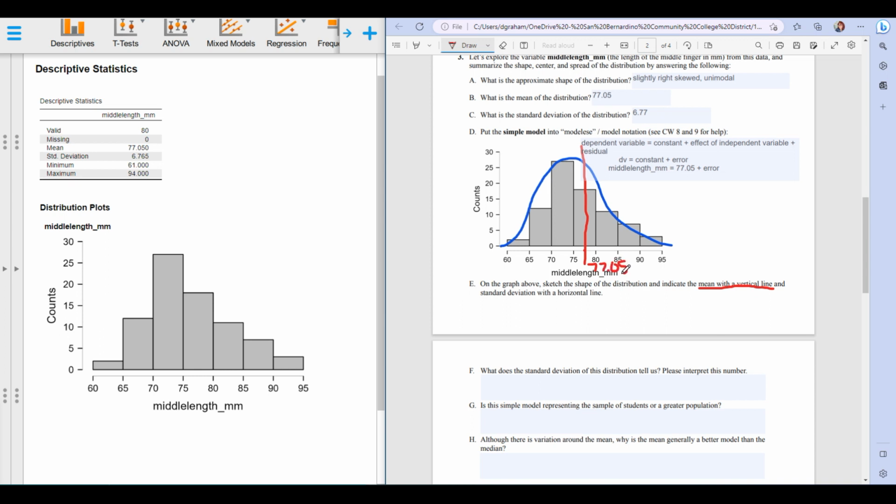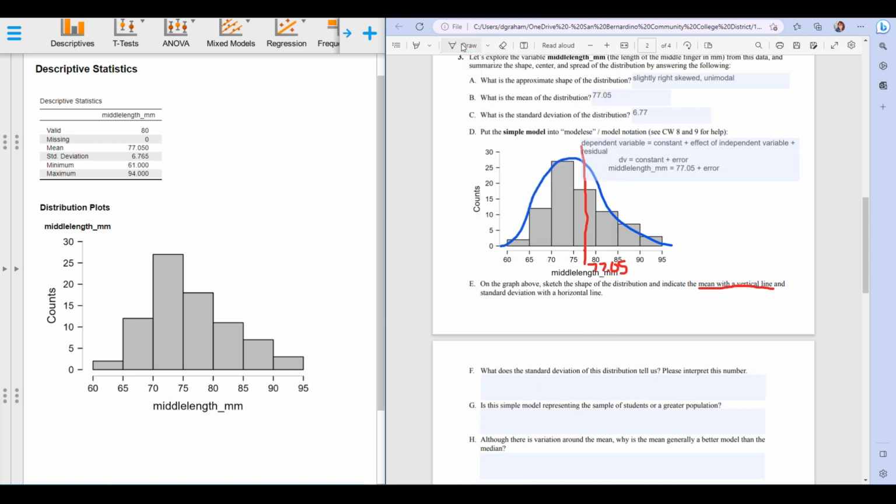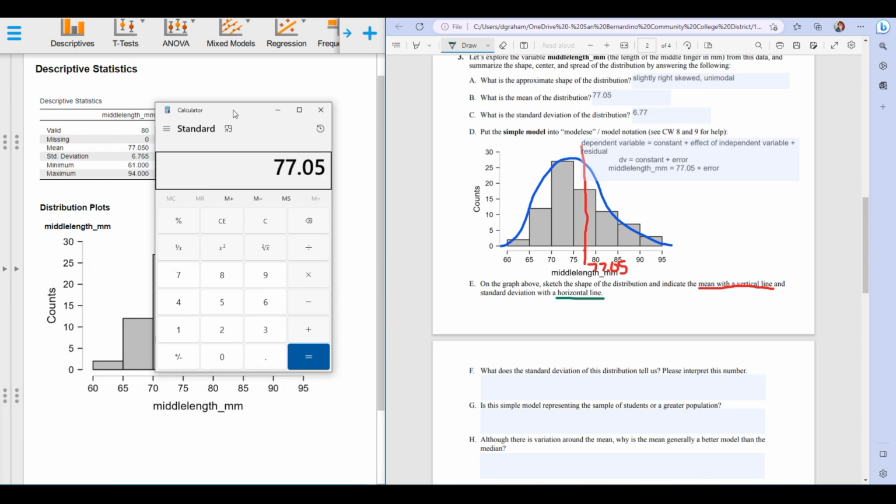And this is 77.05. That's our mean. And I'm asking you to represent your standard deviation using a horizontal line, right? Because that represents the spread side to side around this middle point. So our spread is about 6.75. So if I am starting at 77.05 plus 6.77, so I want to go up to about 84.